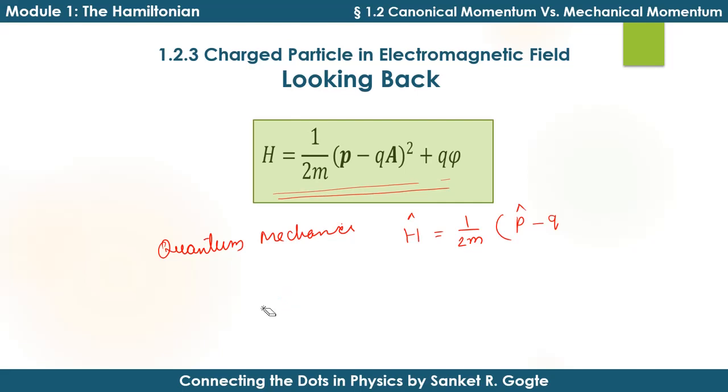But if you are considering field theory where you quantize the field also, then this A also becomes an operator, which corresponds to the magnetic potential for the field which represents the magnetic field, and this is q into phi.